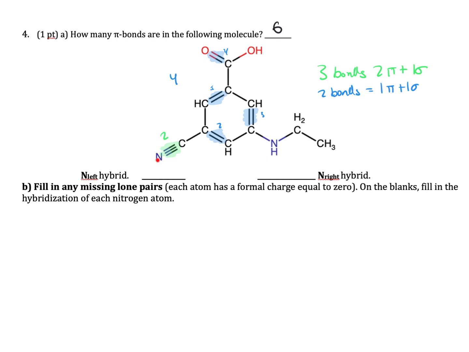Hybridization, this one over here, technically we might not view it as using hybrid orbitals. We could just use p orbitals here, but if we do treat it as a central atom, we would give it a steric number of 2, which would give it sp hybrids. This one over here, we have to fill in our lone pairs to get everyone back to a formal charge of 0.